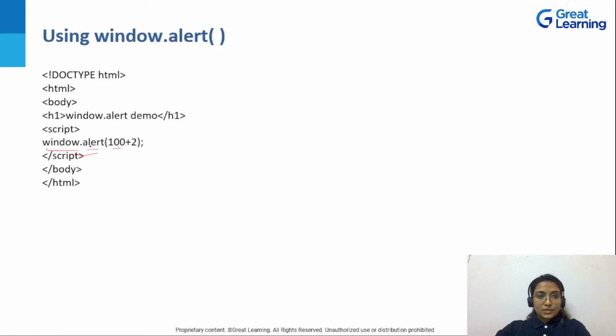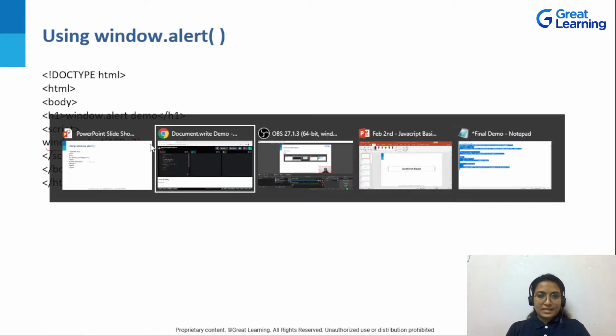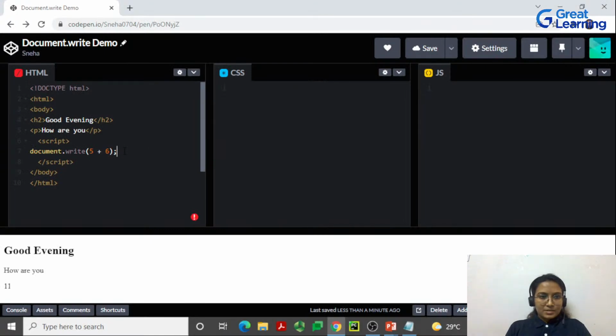So you are doing window.alert(100 + 2). 100 plus 2 should give you 102, right? These are the simple scripting programs which I'm doing. So window.alert 100 plus 2. Let's quickly check it out. So what I'm doing here, just change it. That's it. Window.alert 100 plus 2.